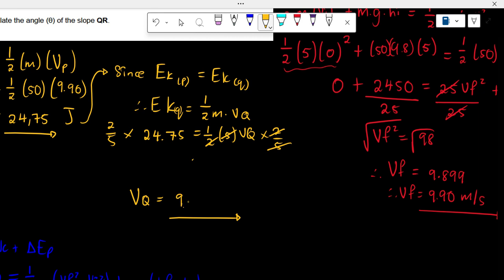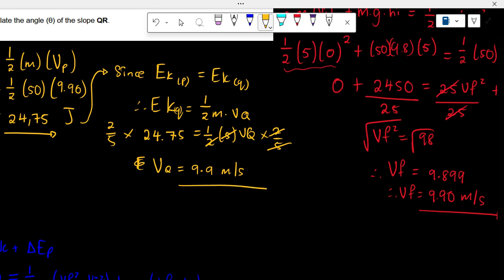Oh okay, surprisingly, the value is still the same. It didn't really change anything. So the velocity at q is 9.9 meters per second.